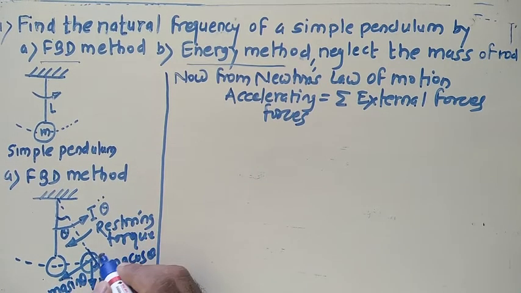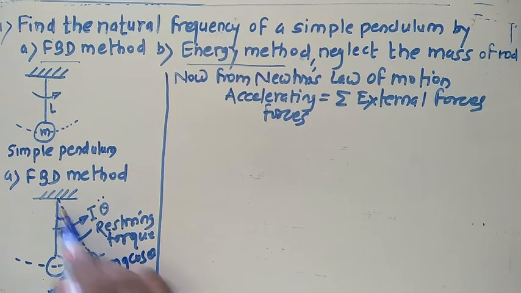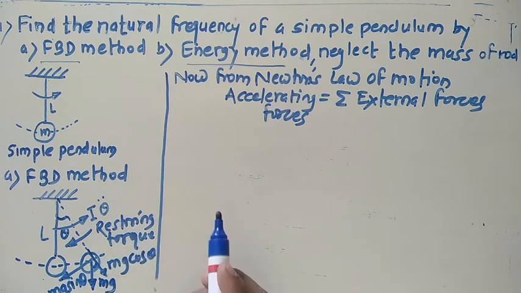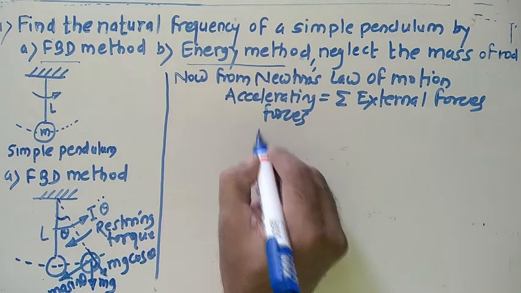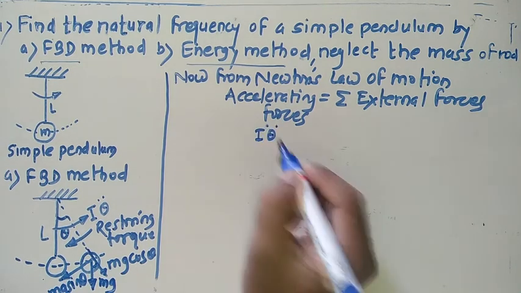This force mg sin theta is the force component, and this distance, the length L for this pendulum, multiplied by the force is nothing but the restoring torque. And this is the accelerating force towards one side.